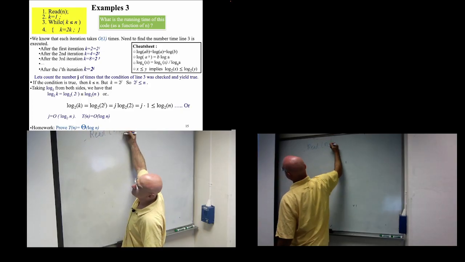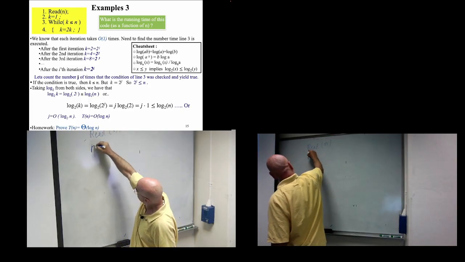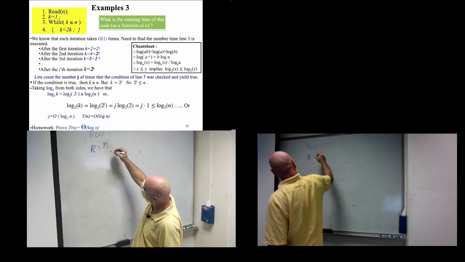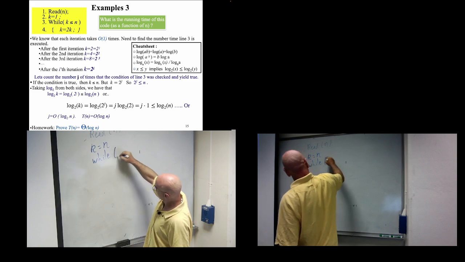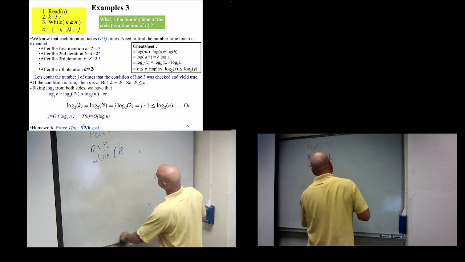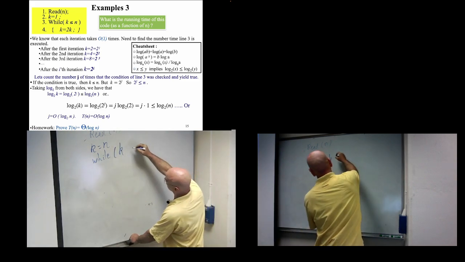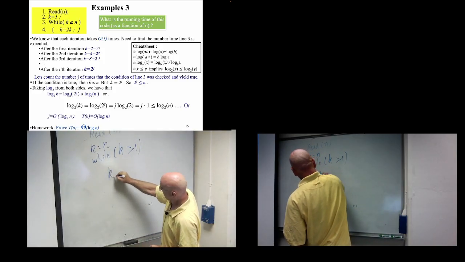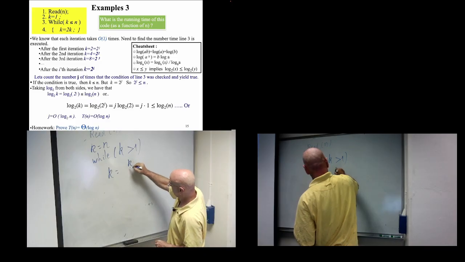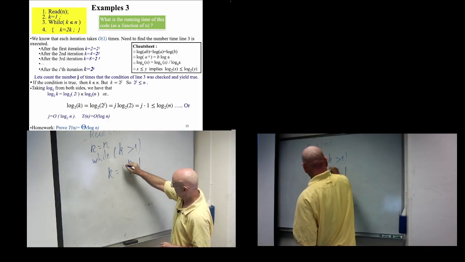With n, k equals n, and while k is larger than 1, do k equal k divided by 2 and take the ceiling. It's a relative of this guy.